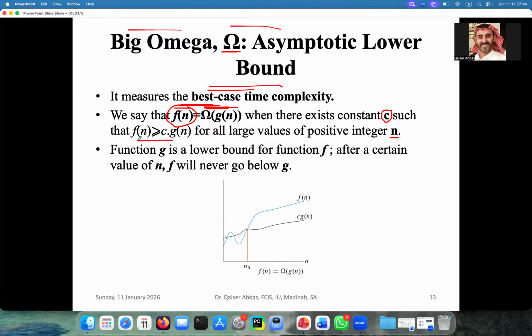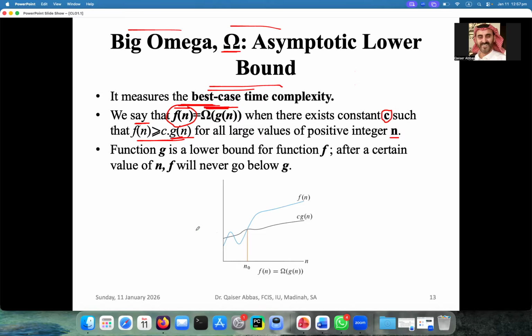And what does it mean in words? It means the running time of my algorithm is always greater than or equal to g of n, simply.